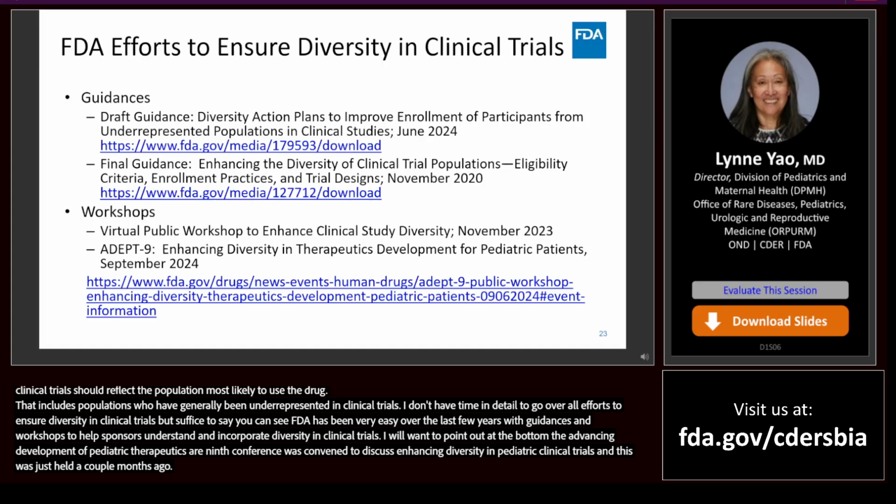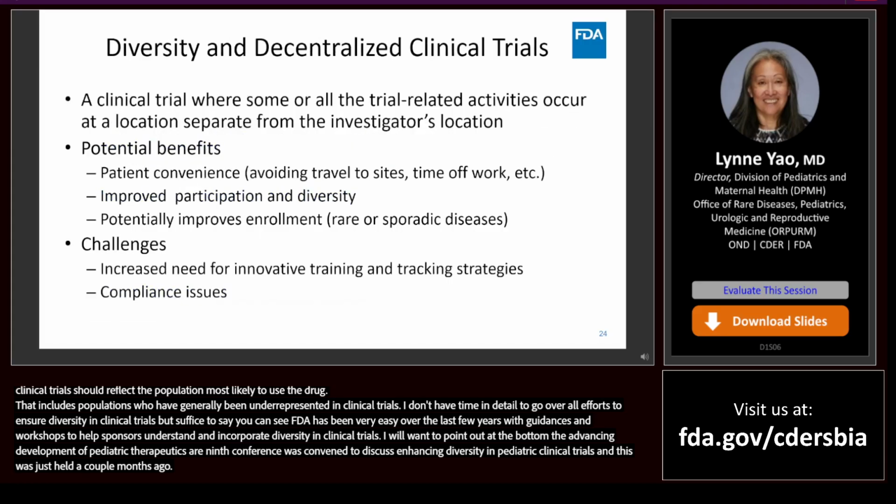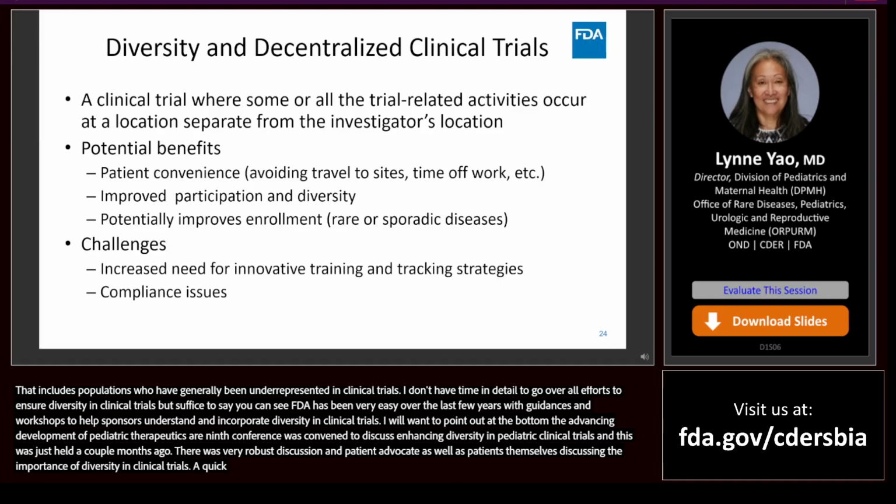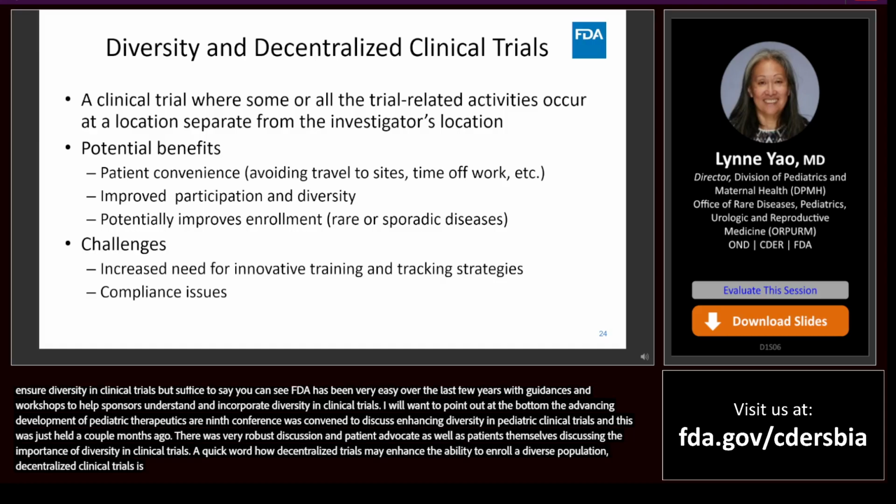There was very robust discussion, with patient advocates as well as patients themselves discussing the importance of diversity in clinical trials. Just a quick word about how decentralized trials may enhance the ability to enroll a diverse population. A decentralized clinical trial is a trial where not all of the information is collected at the investigator's location, but some or all of the trial activities could be conducted at a remote location from the clinical trial sites.